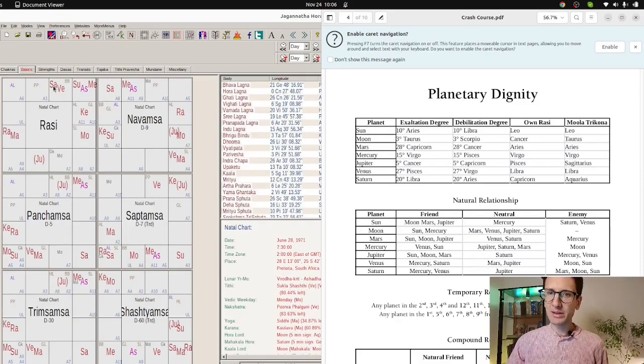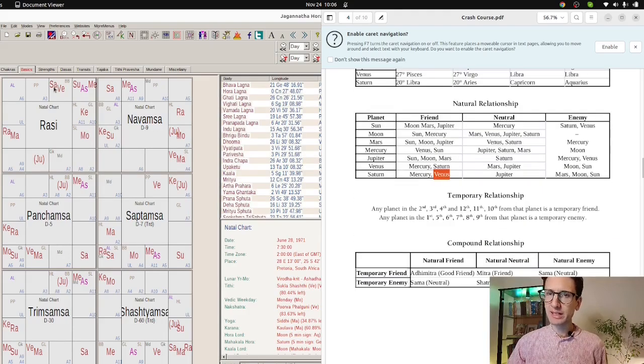Then let's look at Saturn. Saturn is a natural friend of Venus. Saturn considers Venus a friend. And Saturn is in the first house of Venus. It's in the same house. So according to this, first house means it's a temporary enemy.